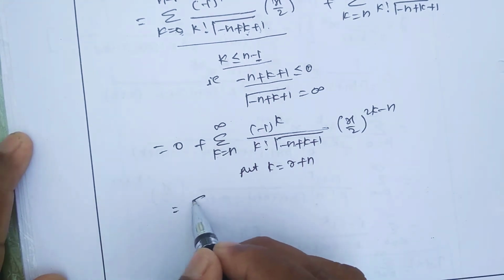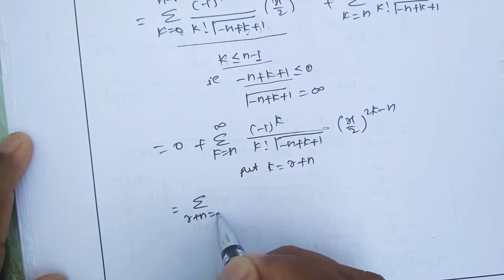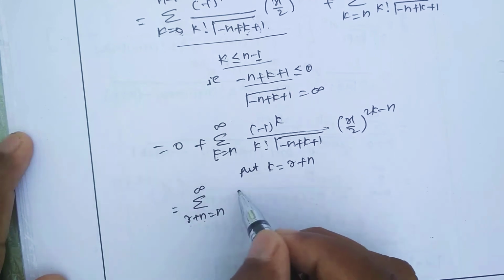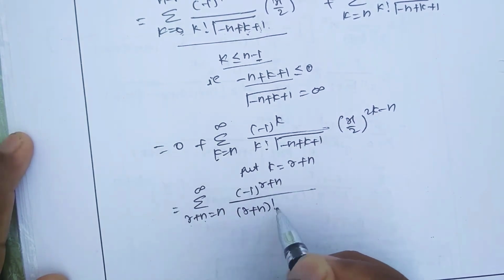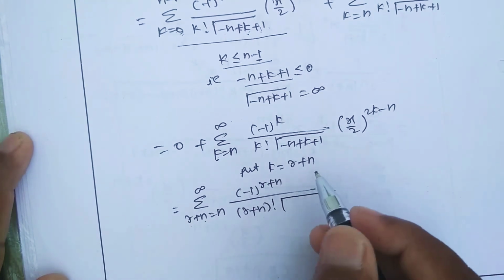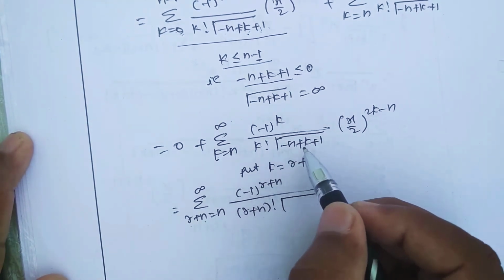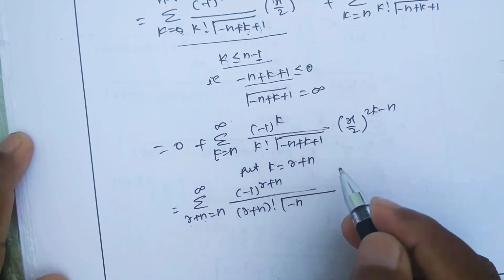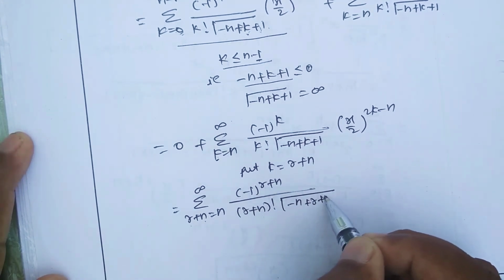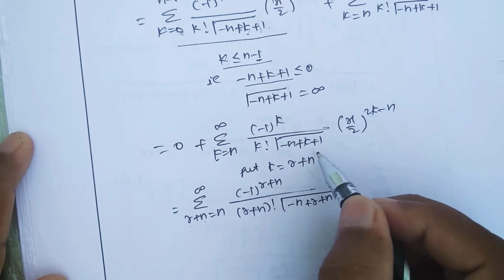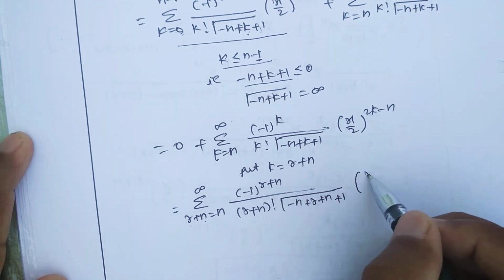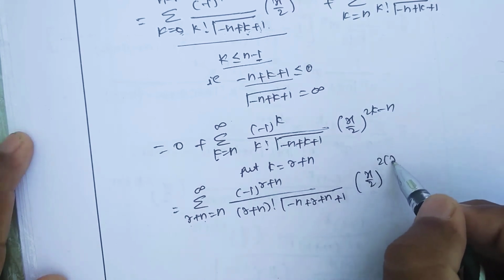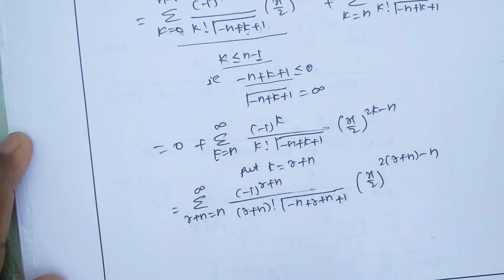So we will get the summation, with this k replaced by r plus n, from n to infinity, minus 1 raised to r plus n upon r plus n factorial gamma of minus n plus k, which is r plus n, and this plus 1, x by 2 raised to 2 times r plus n minus n.